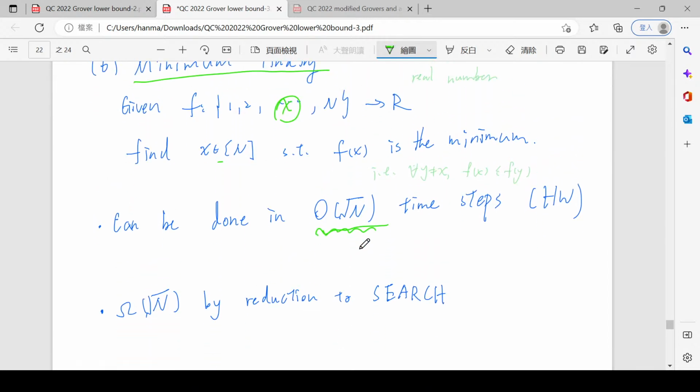It's a homework problem to show that you can do this in order square root n. And this is optimal because you can do a reduction to search to show that you need at least omega square root n.